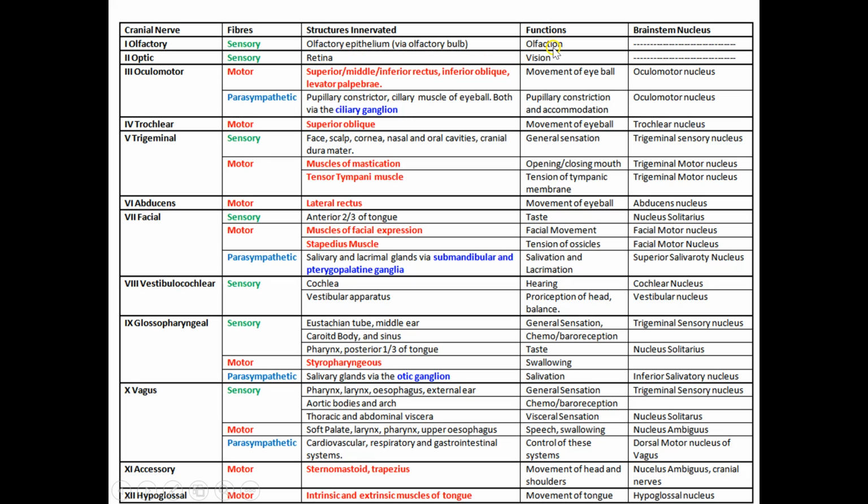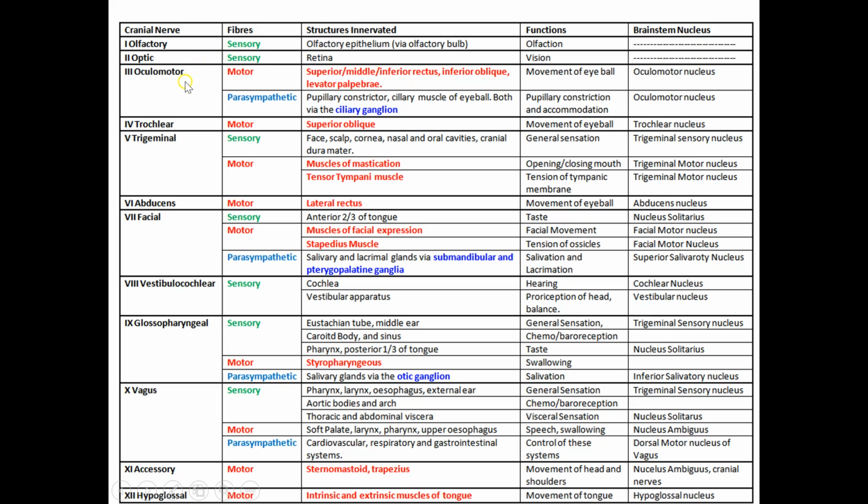The function of the olfactory nerve, well known, is olfaction, sense of smell, and of the second cranial nerve is vision. You can see here brain stem nuclei; because they are a direct extension of the brain, they don't have brain stem nuclei. All other cranial nerves have brain stem nuclei where they originate and supply the peripheral parts of the cranial structures.